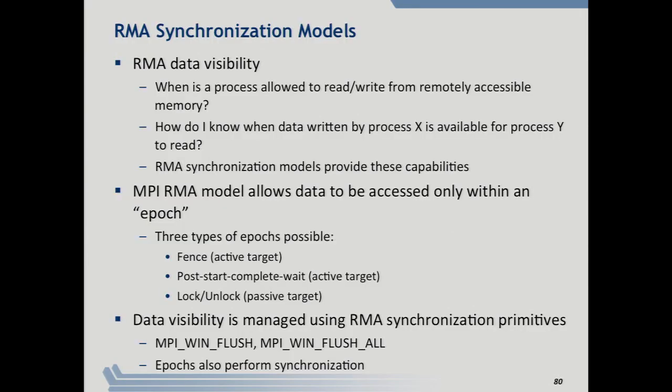Okay, so we've talked about the data motion. I've still left you in suspense about how you know that the data is there. MPI provides effectively three synchronization models with a couple of variations. So there are a couple of questions that you have to look at.